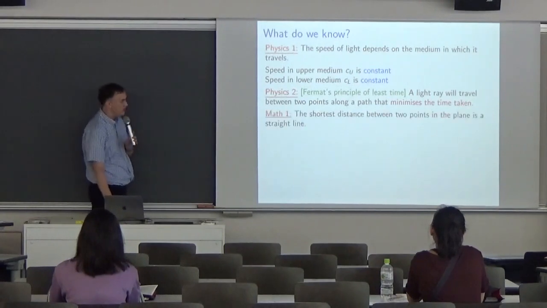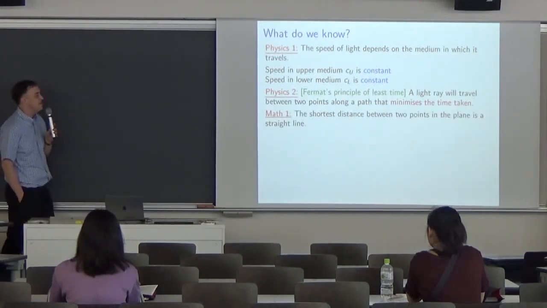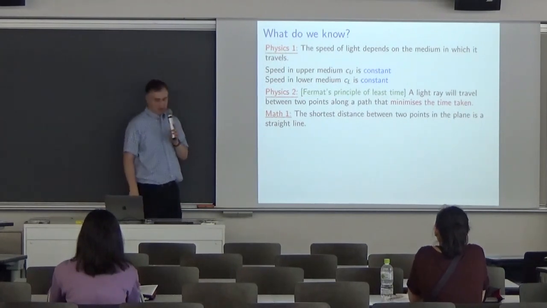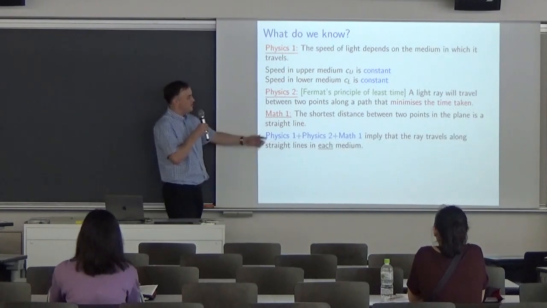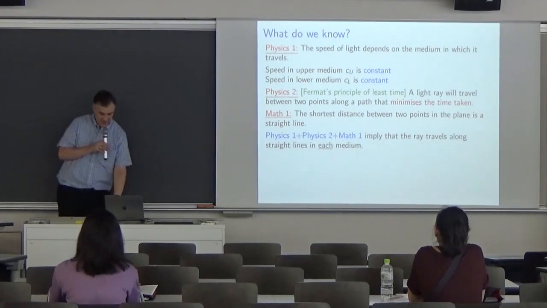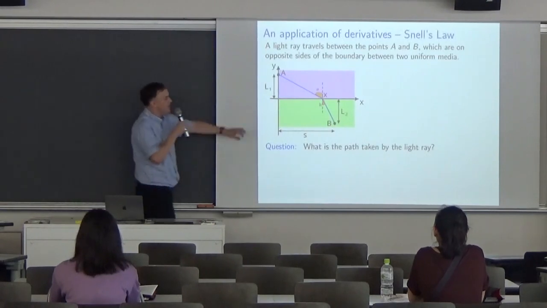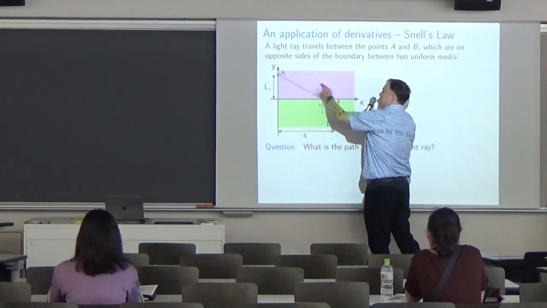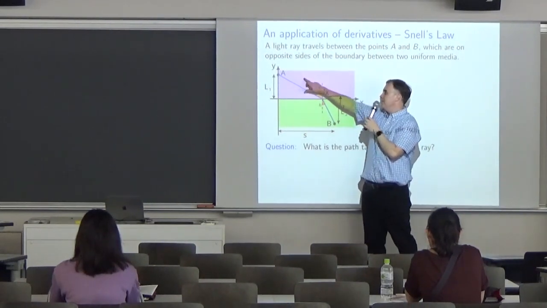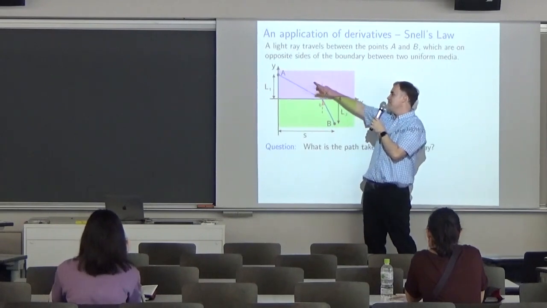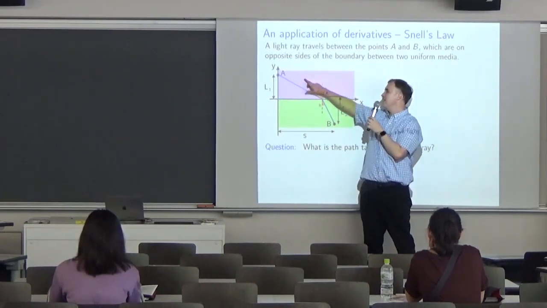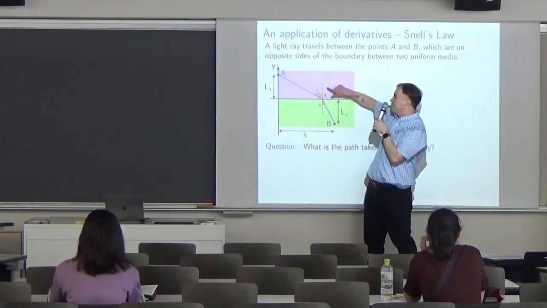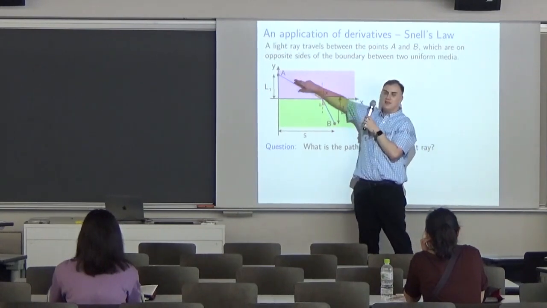So physics 1 and physics 2, and finally math 1, if you're looking at lines, points in a plane, well, the shortest distance between them is a straight line. Okay, so firstly, if I apply physics 1, physics 2, and math 1, then if I'm in, say, the upper point over here, and I have a line ray that goes from this point to this point, well, because Fermat's principle of least time says it has to take the shortest distance, shortest time, and it's traveling at its constant speed, and the shortest distance is between straight line, therefore, in each of these mediums, the light ray has to be straight.